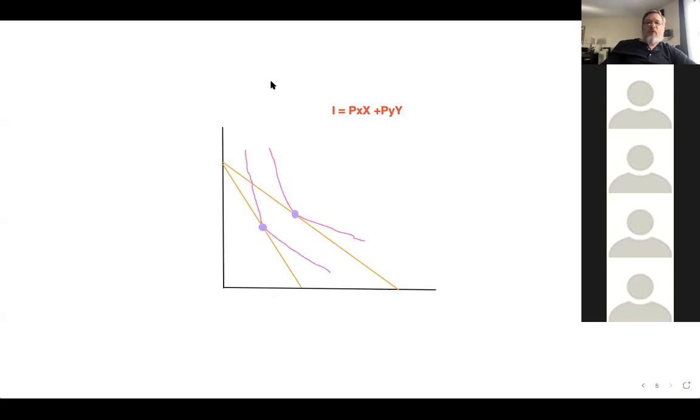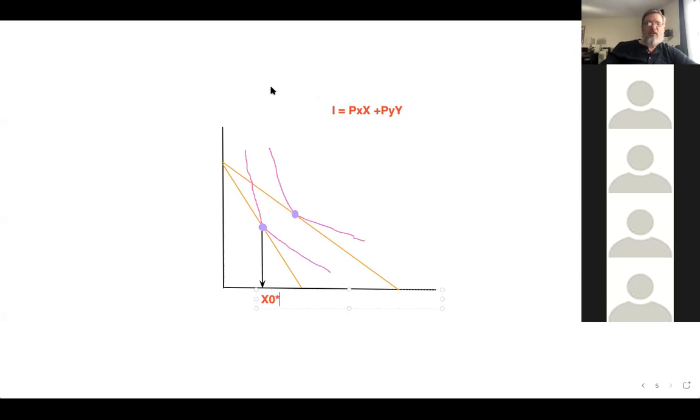And so I just want to focus for a minute on the impact on X. I'd be going from, say this is my original amount of X, call it X0 star, from my original price.